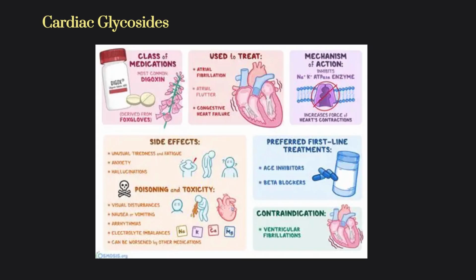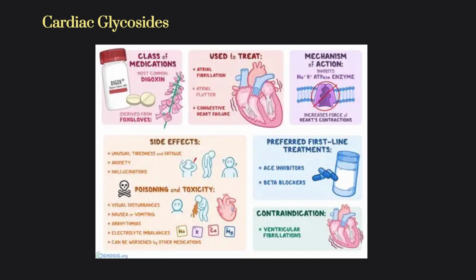So that is something that can occur. And that is something that you may see on a test just because it's weird, right? It's something that you can pick out. But in real life, when somebody has dig toxicity, nausea and vomiting is a big deal. That is something where you are like, I'm aware that this is a potential that they have dig toxicity.